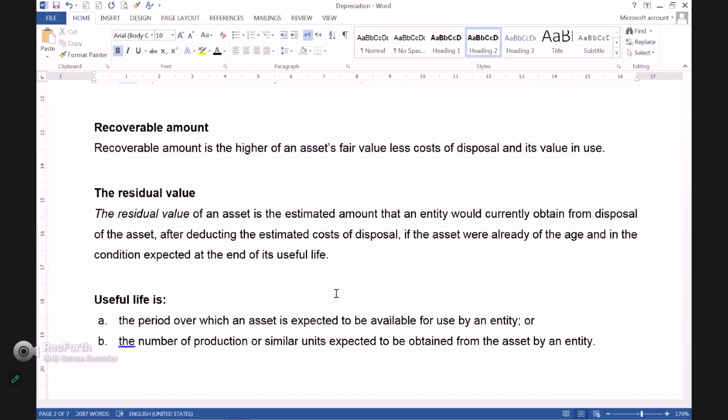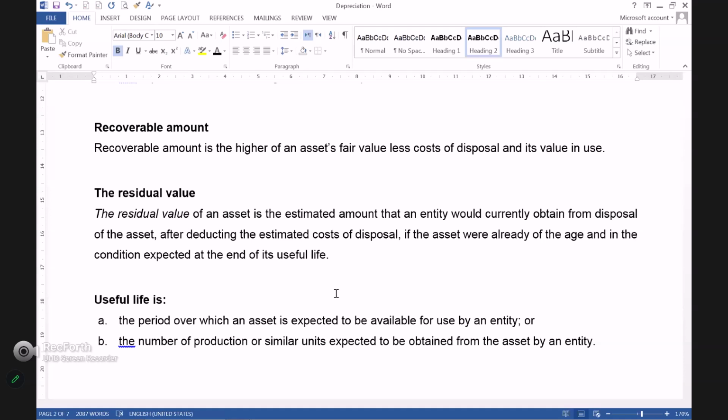For example, the useful life of an asset is 5 years. So after 5 years, the residual value is 125,000. So when you are selling this asset after 5 years, you can receive 125,000. That 125,000 is called residual value, after deducting the estimated cost of disposal. Sometimes there are some costs incurred for the disposal. So that cost is also deducted from that residual value.